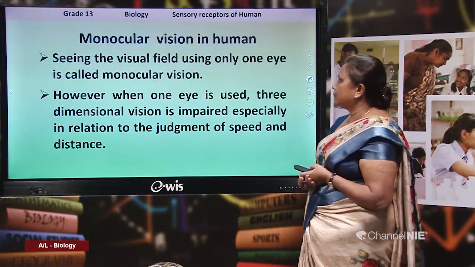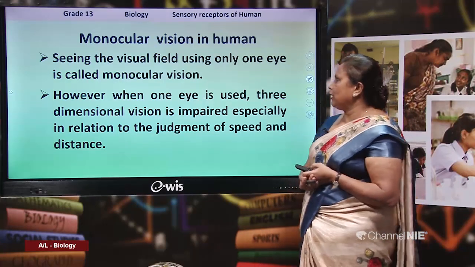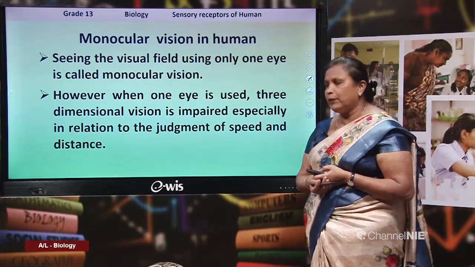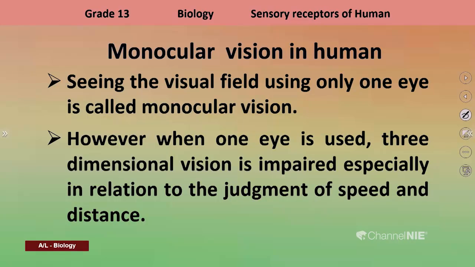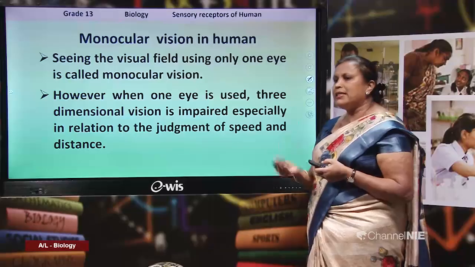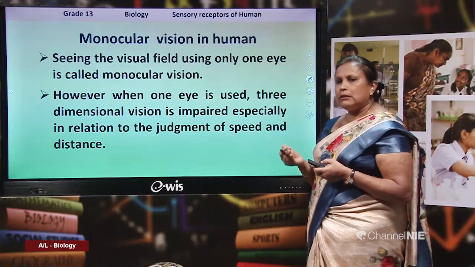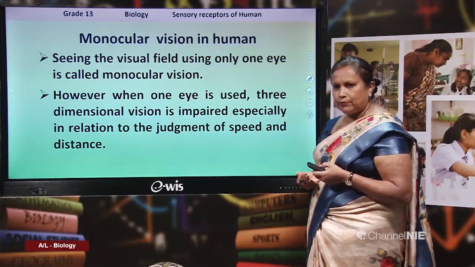Monocular vision and binocular vision. This is also important. Monocular vision is when you see the object from one eye. Monocular vision does not allow the person to see a three-dimensional view.